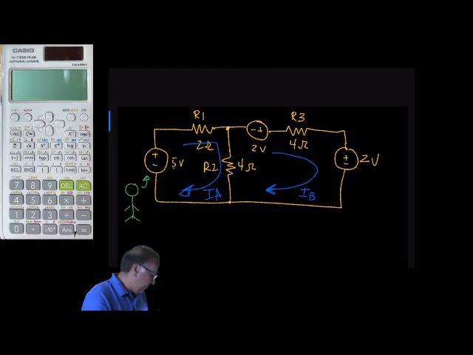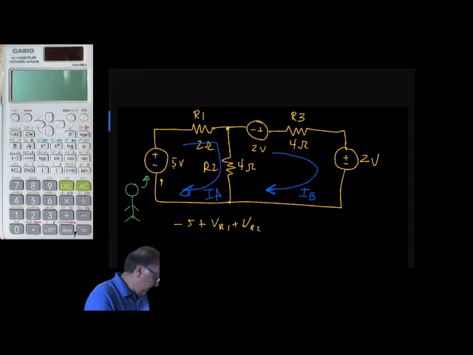And we have an observer here looking up, and he will go around the loop as we've done before. So if we write an equation for the first loop here, we can say minus 5 as we go in here, plus VR1 plus VR2 is equal to 0.